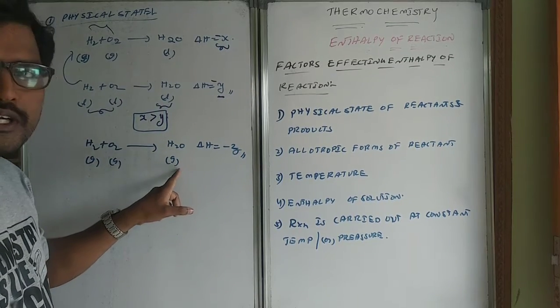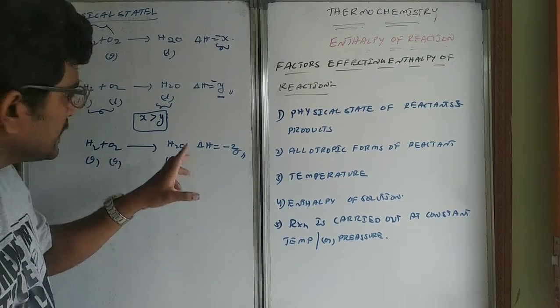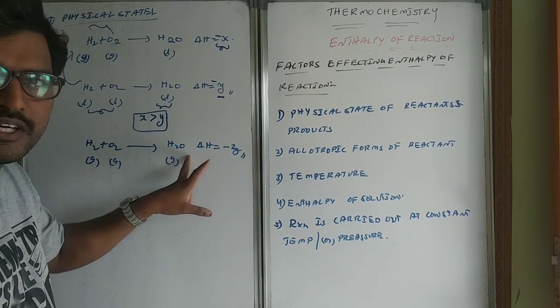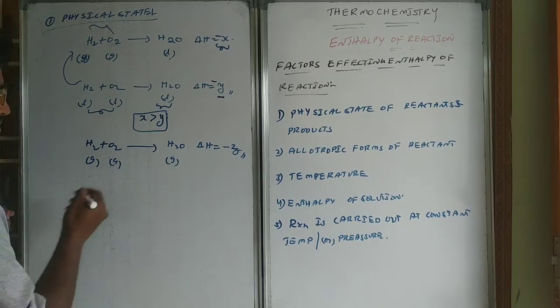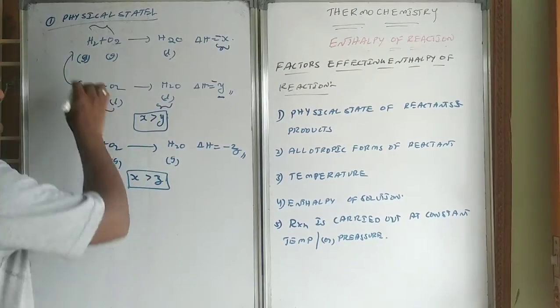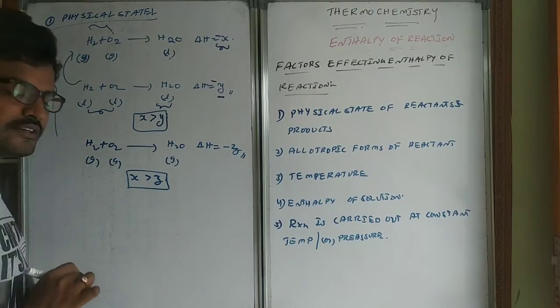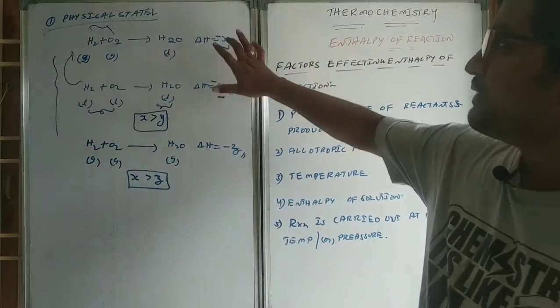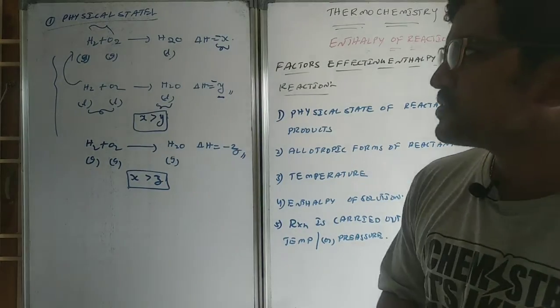Once it is converted into gas state, it absorbs some amount of energy from X. So that's why X will be greater than Z. As the physical state of the reactants or products changes, the enthalpy of the reaction also changes.